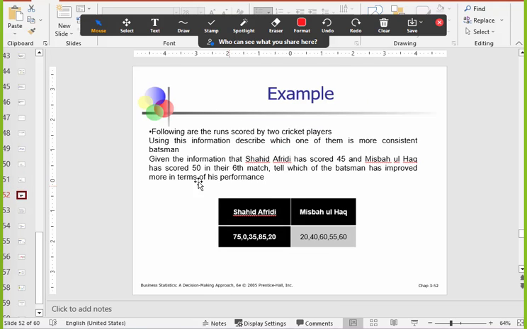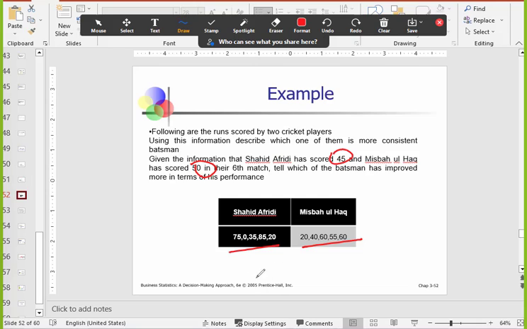Let's suppose we have two players, Shahid Afridi and Misbah Haq. We have their last 5 match scores, but Afridi has scored 45 in the 6th match and Misbah Haq has scored 50 in the 6th match. We need to check which player has improved.